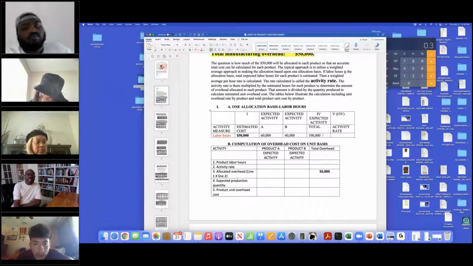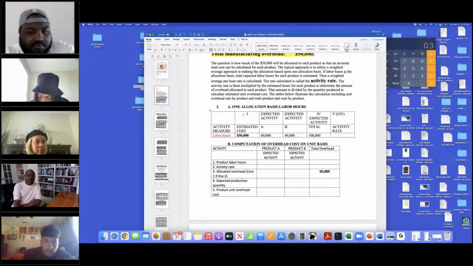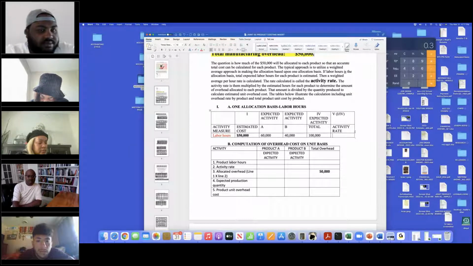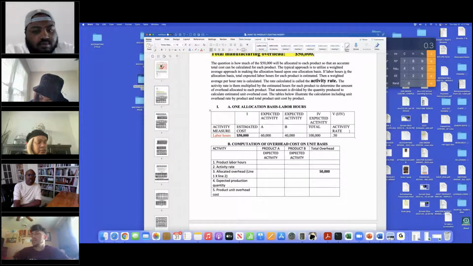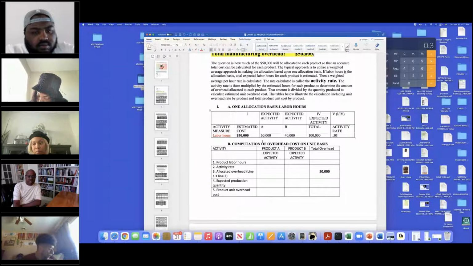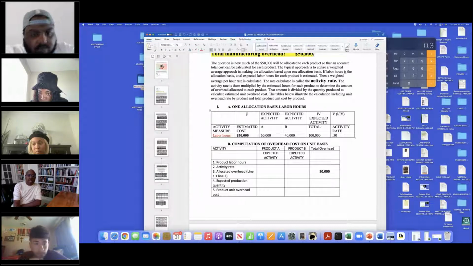We divide line 1 by line 4, and that gives us an activity rate. That activity rate is 0.5, a weighted average. We look at the hours in A and the hours in B and add them together to get 100,000. Does everyone see that?